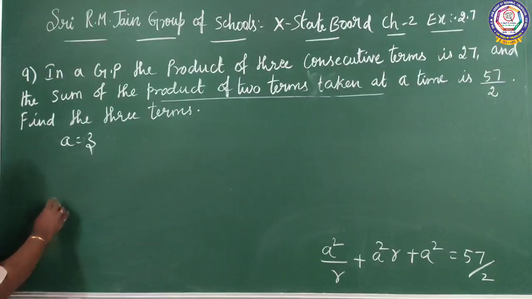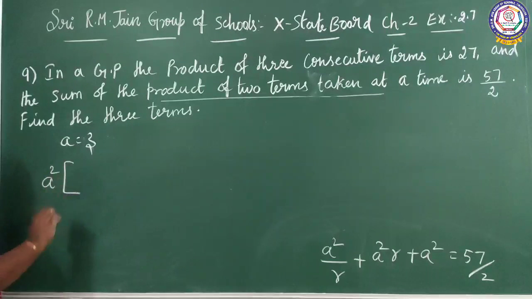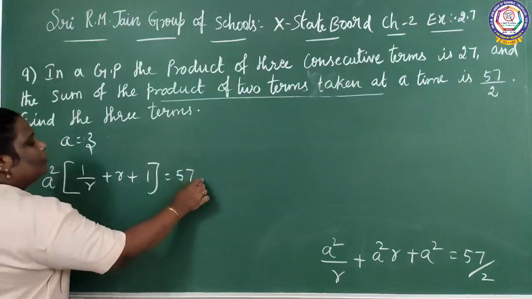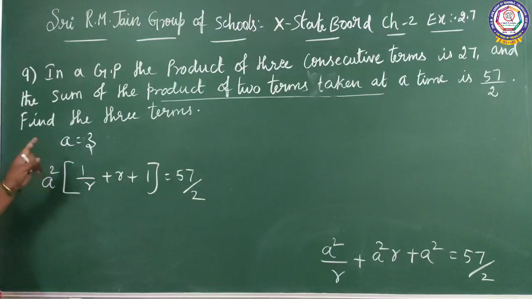So you can take A square commonly out. What is the remaining thing? 1 by R plus R plus 1 equal to 57 by 2. The value of A is equal to 3.